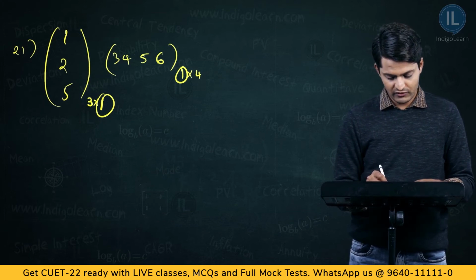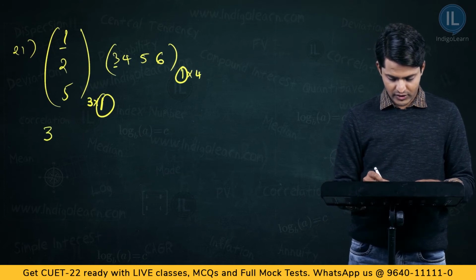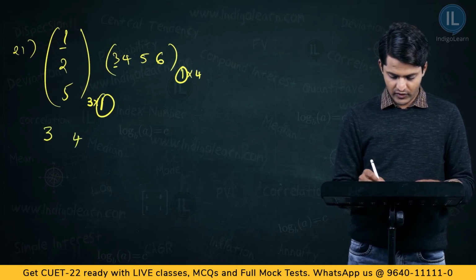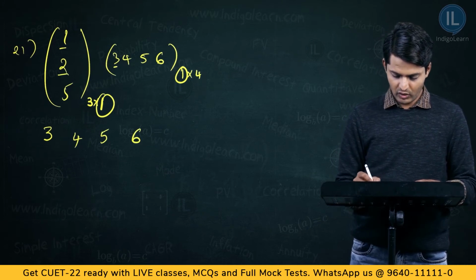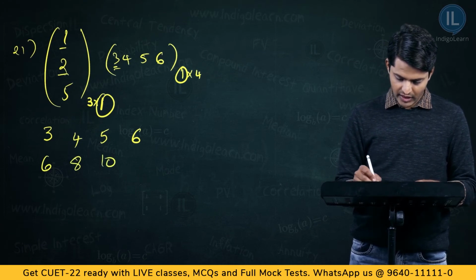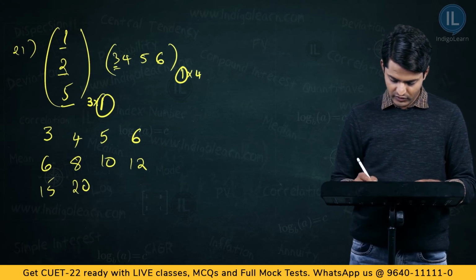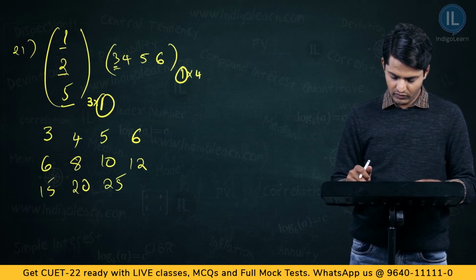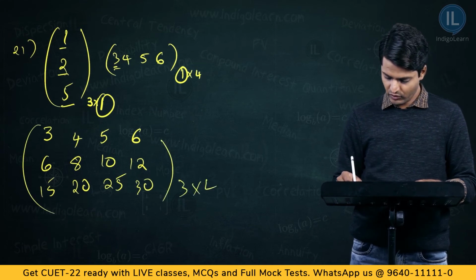That means the first row with the first column, first row with the second column, first row with the third column, first row with the fourth column, and similarly for the second and third rows. So the outcome that you got is also a 3 by 4 matrix.